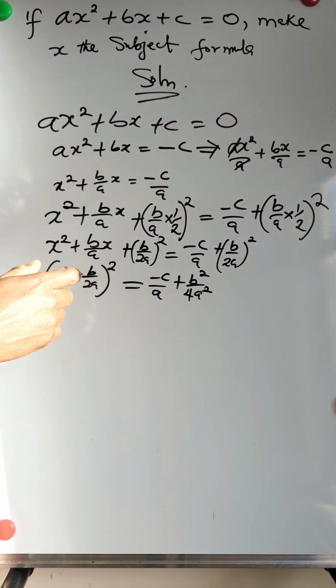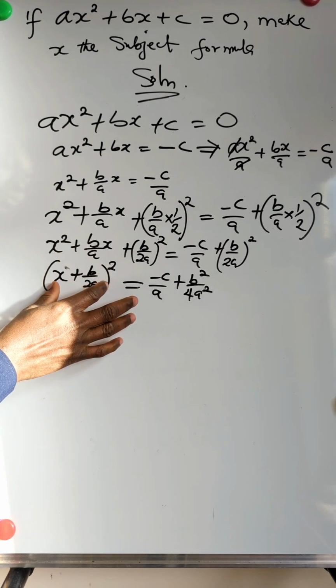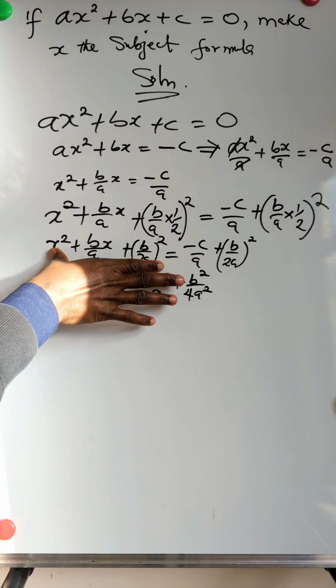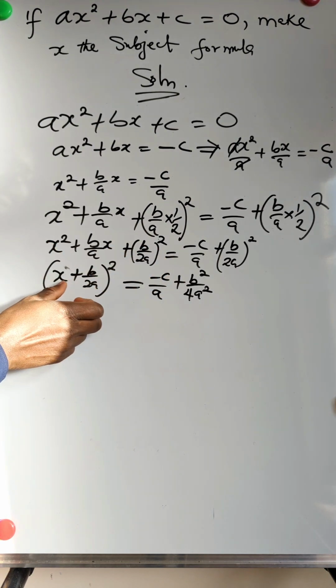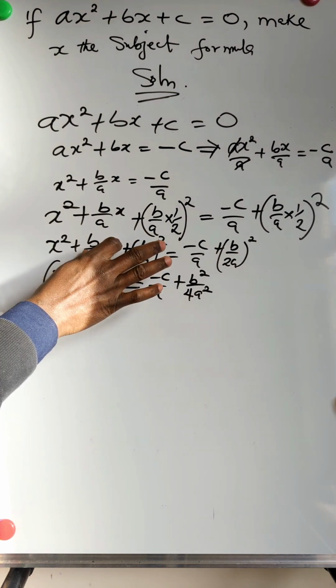You're surprised I didn't touch this b over 2a. That's because if you expand x plus b over 2a squared, you have exactly this. So there's no need of bringing this out.